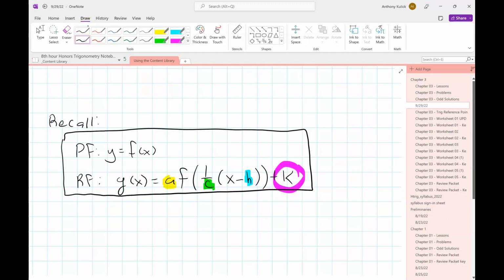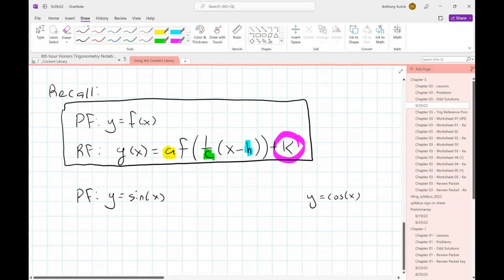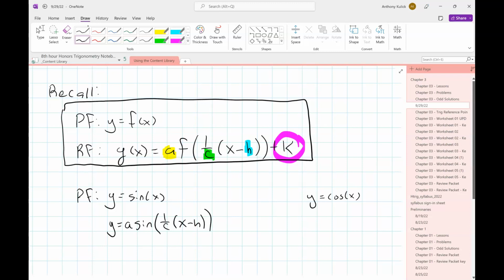So what we can say then is we're going to take our two new functions, sine and cosine, and say, okay, any sine function I can write as a transformation of that parent function, and any cosine function I can write as a transformation of its parent function.